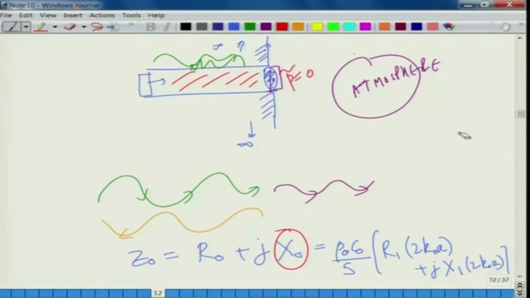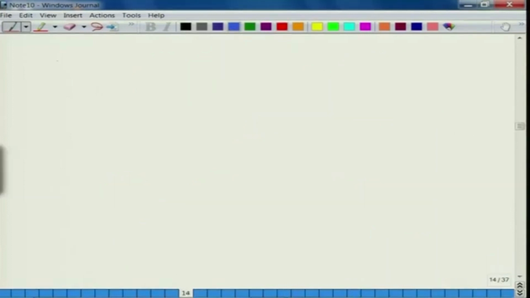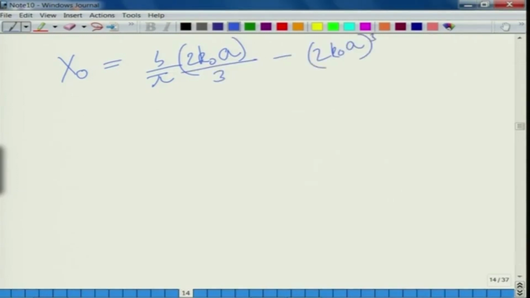And x naught, the reactance, the expression for that can be written down like 4 by pi into k naught a, and this is 2 for dimensionality, and this is 3, and there will be higher order terms, k naught cube divided by 3 squared times 5, plus higher order terms. So, we will have to make certain approximations here.